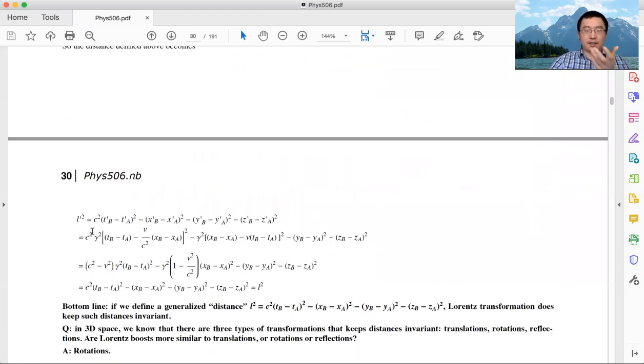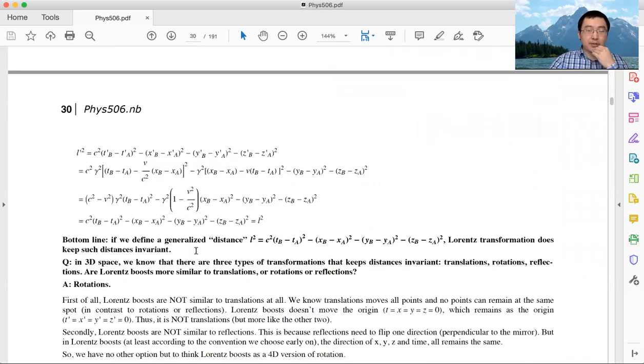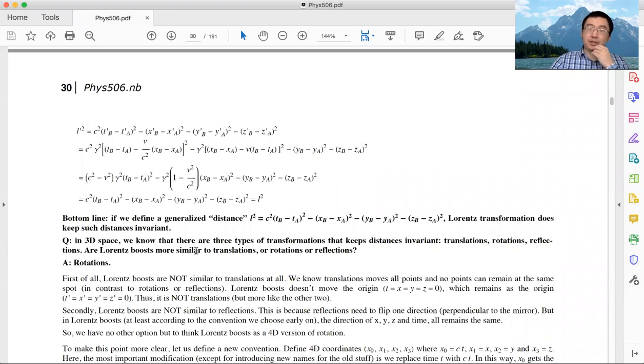Through the calculations, you can show that in the old coordinate and in the new coordinate, this distance squared always remains the same. This proof works for both space-like and time-like, so that's a more rigorous proof. So anyway, in special relativity, we can prove that this so-called four-dimensional distance is invariant under Lorentz boost.